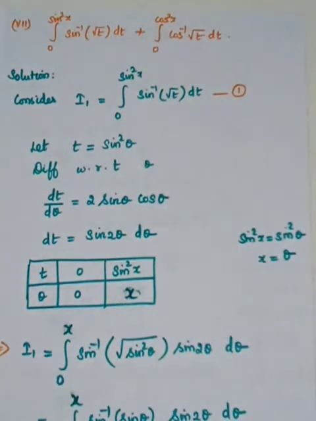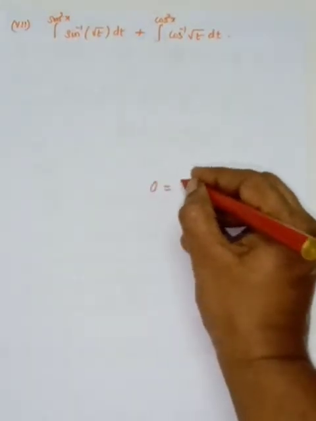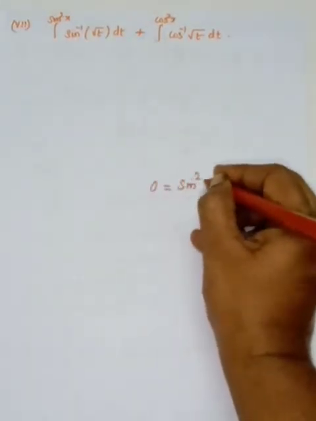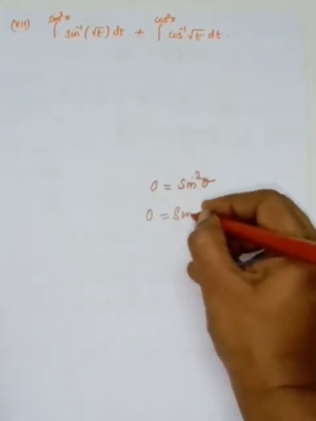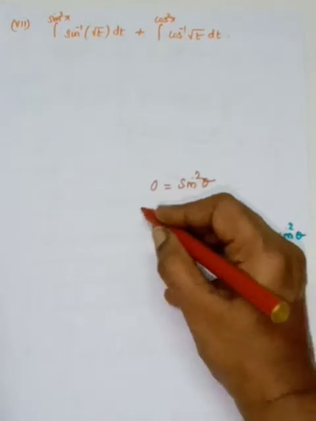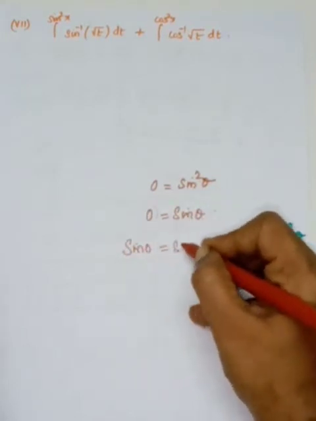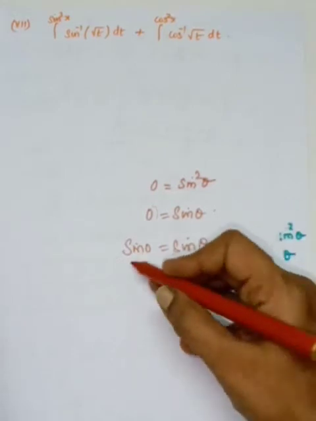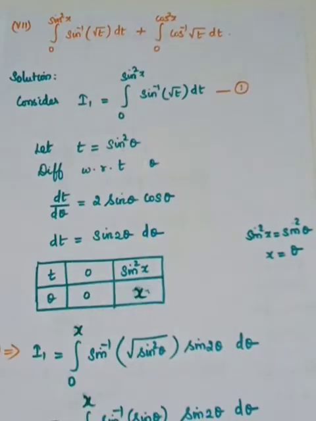But what is sine theta? Sine theta is equal to 0. So sine 0 is 0. Sine 0 is equal to sine theta, so therefore your theta is equal to 0. So when t is equal to 0, your theta is also 0.